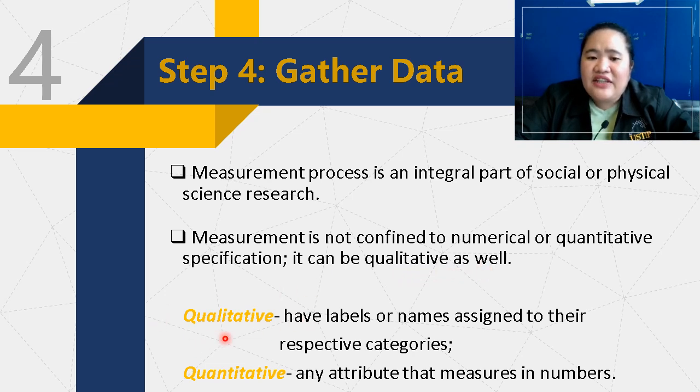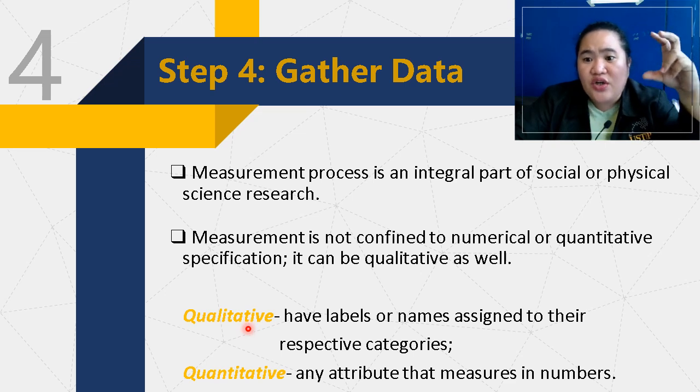So when you say qualitative, class, it has labels or names assigned to the respective categories. And for quantitative, that is any attribute that is measured in numbers. So for qualitative, class, it's not necessarily numbers, it can be categories.